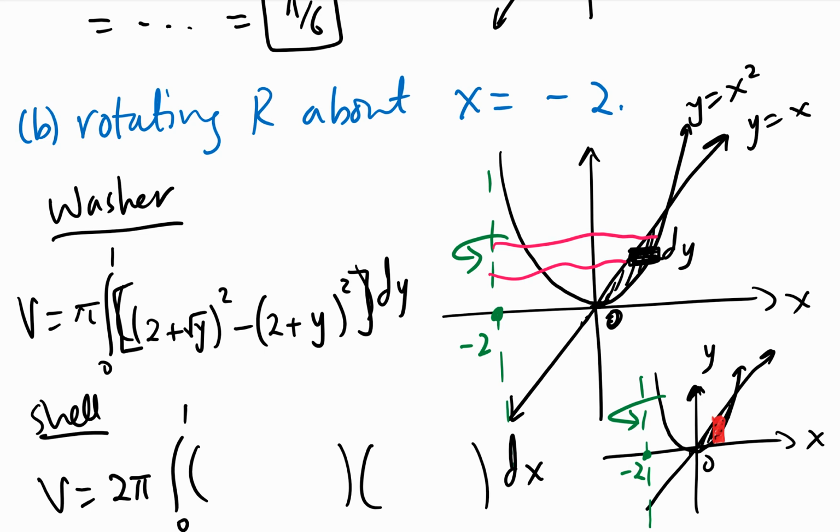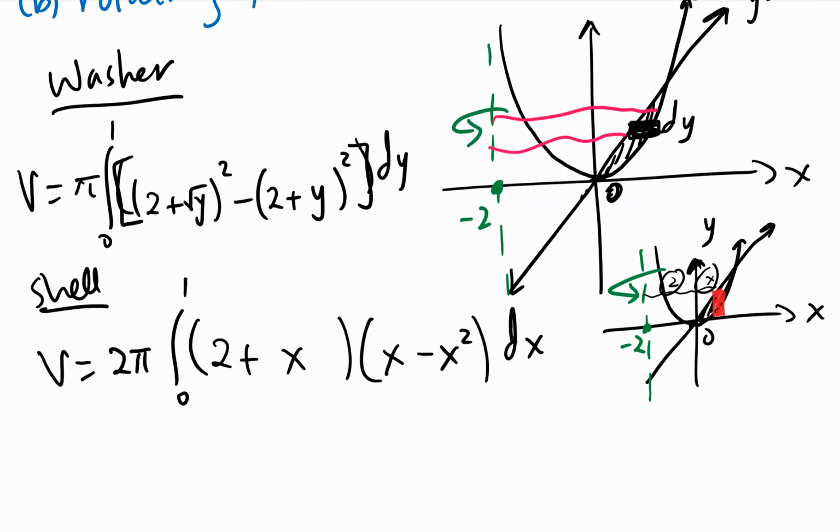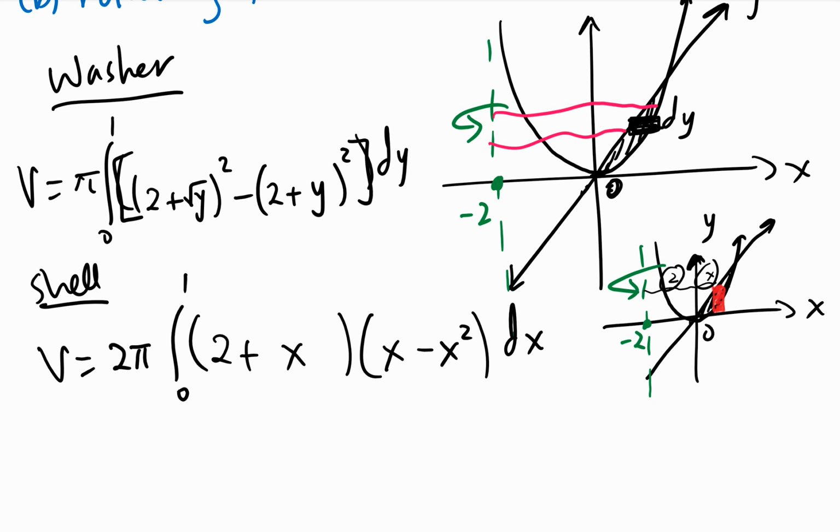So 2 things we need: the average radius, which is the distance from the axis of revolution to the rectangle, and that would be the 2 that we have plus the x. So 2 plus x. And the height of the rectangle, we found earlier, x minus x squared. I think the shell method in this case, to finish it up, is much easier.